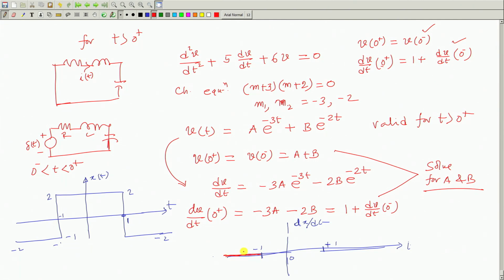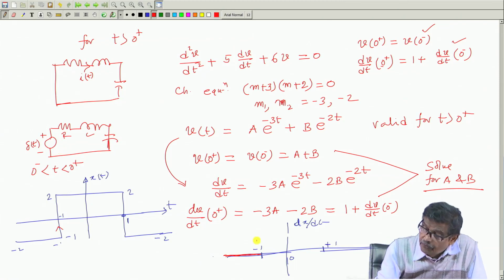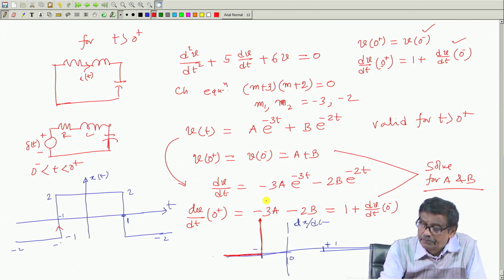Now, at t equal to -1, I find the signal jumps from -2 to +2 in no time. This discontinuity is a jump. Therefore, we must expect there will be an impulse sitting here; dx/dt must have an impulse here.